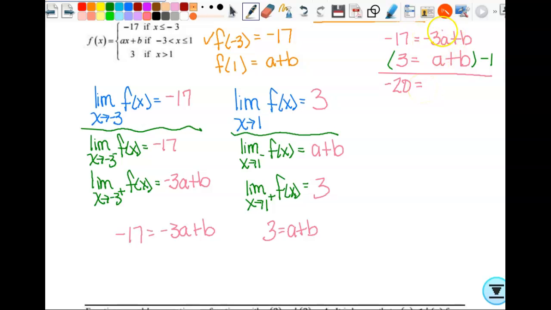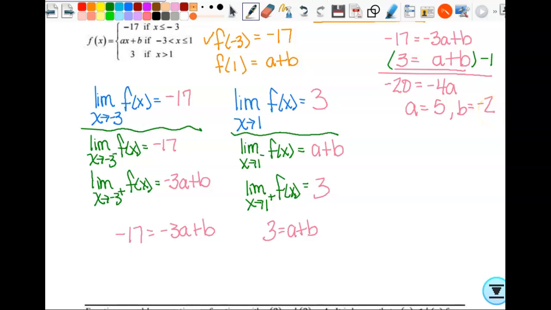And then -3a minus a is -4a. And b minus b zeroes out. So that means that a would equal 5. And if a equals 5, I can just look right back here. What would b have to be? -2. Okay? Everybody good with that?